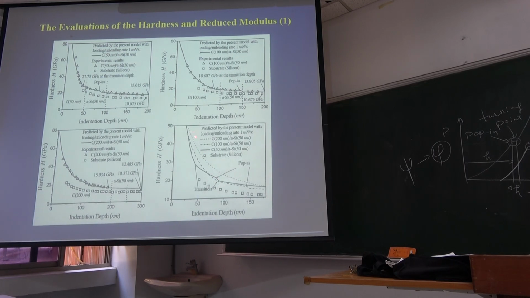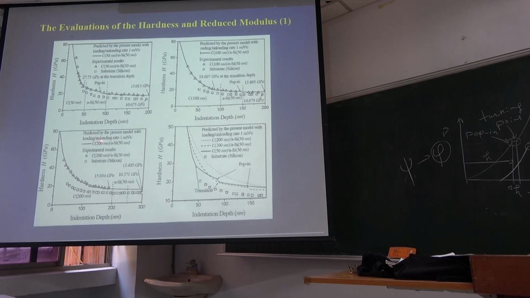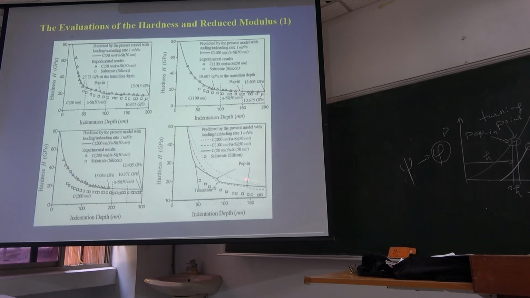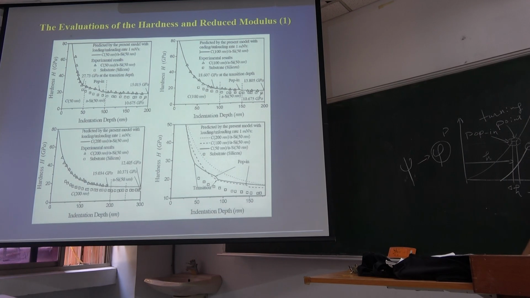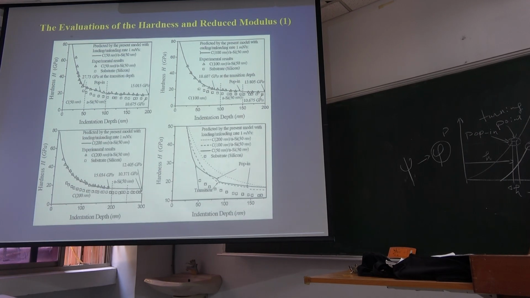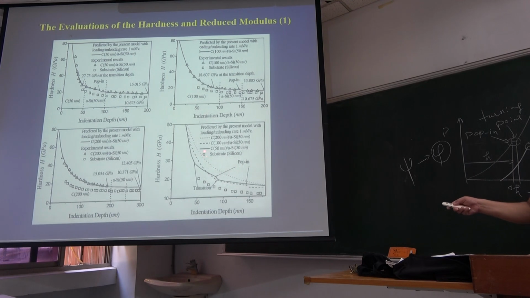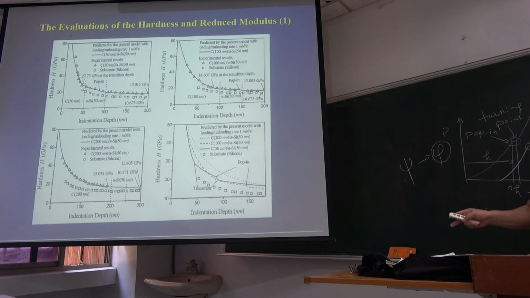But for a thin film larger than 200 nanometer, we cannot find any transition point, and we don't have the coupling in the phase transition. The pop-in and the phase transition are two properties.